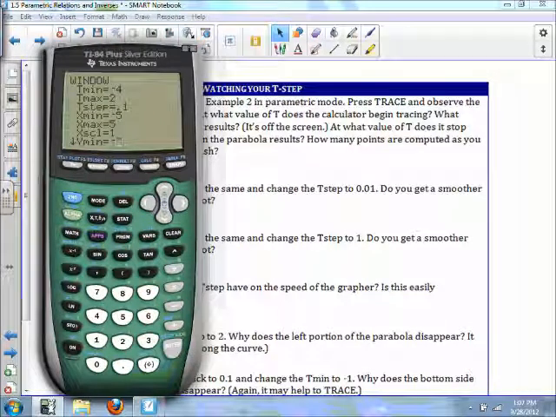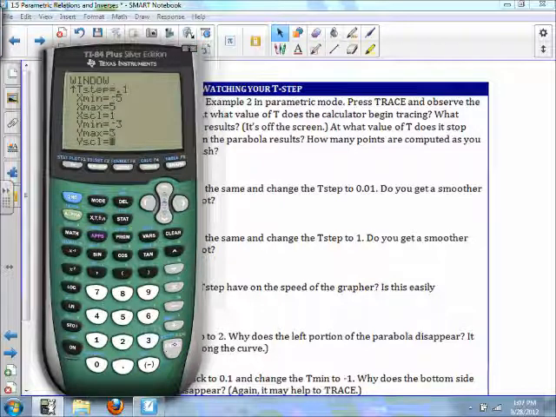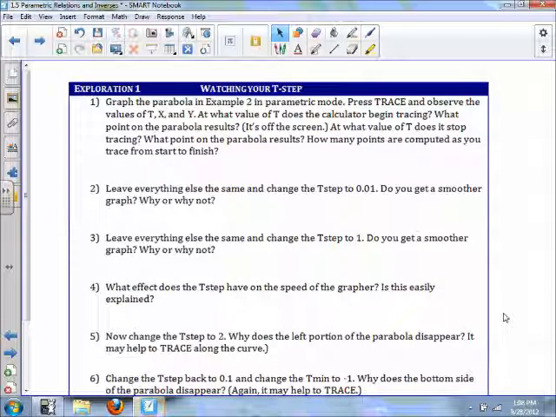And negative 3 to 3. So that should be your window. Make sure you do that when you work on exploration 1. Now, if you should have any questions on exploration 1, we'll go over it in class, but it is good to play with the parametric mode to understand what goes on.